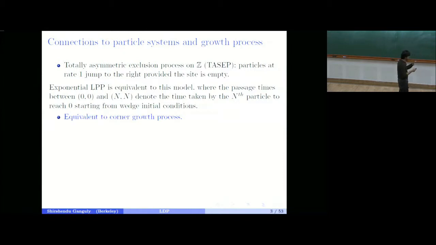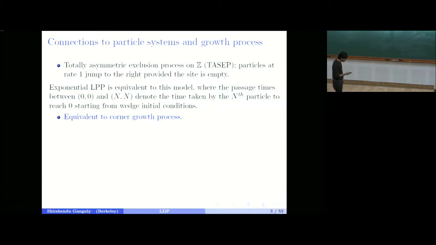If you start with all sites to the left of the origin full, and everything to the right of the origin empty, then the time it takes for the nth particle to cross the origin would be exactly, in distribution, the last passage time between (0, 0) and (n, n). So the weight of the random path in the percolation model is exactly the time it takes for the nth particle to cross the origin in this particle system.